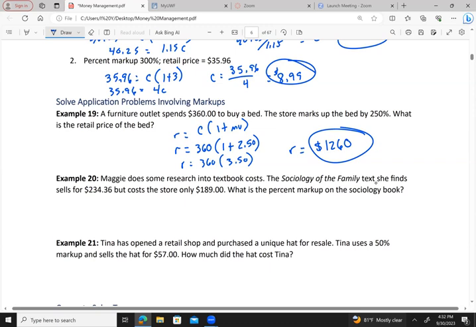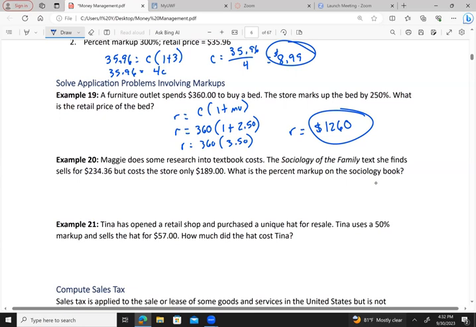Okay, Maggie does some research into textbook cost. The sociology of the family text. She finds sales for $234.36, but it cost the store only $189. What is the percent markup of the sociology book? So what is the markup? 234.36 minus 189 equals 45.36.